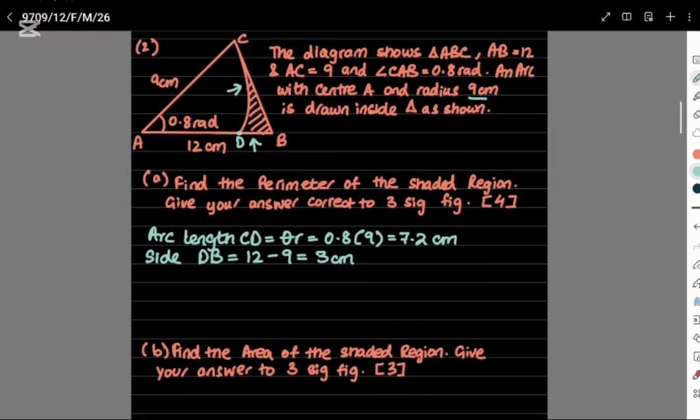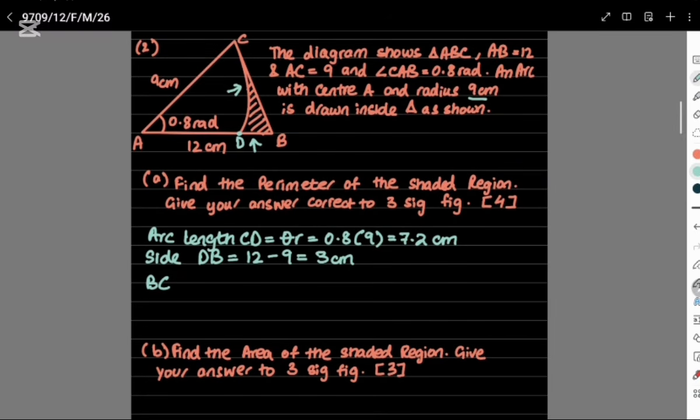So we can easily use the cosine rule. Now, being in AS level, you should know this because you have taken this in IGCSE and O levels. So BC squared is equal to 9 squared plus 12 squared minus 2 times 9 times 12 times cosine of the angle in between, which is 0.8.